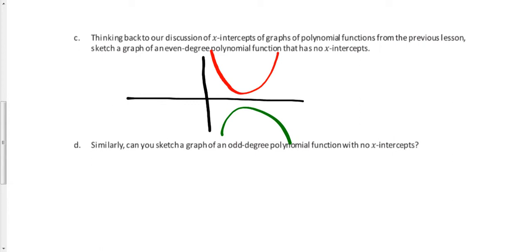Now, I ask you, can you sketch an odd degree polynomial with no x-intercepts? What do you think, Zach? Not possible. Go for it. So it looks like a snaky thing, right? And it either does this or it does this, right?